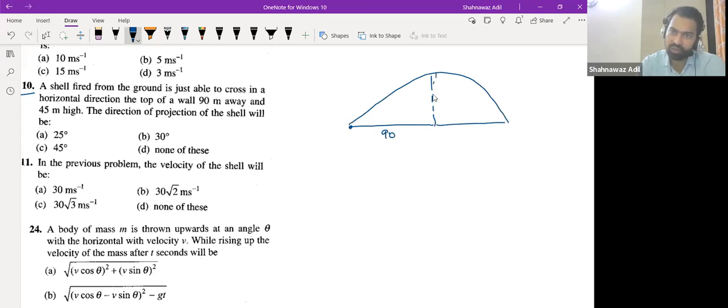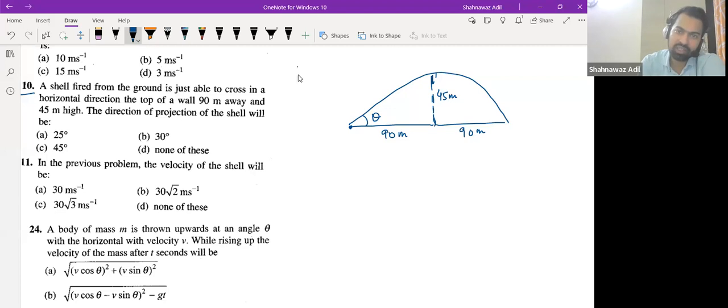My drawing is bad, but this is 45 meters, and this is 90, so this would also be 90, right, guys? Yes, sir. Okay, now we have to find the direction of projection of the shell. So we have to find this theta, right?